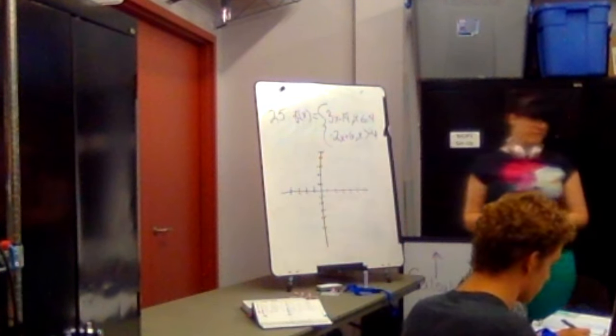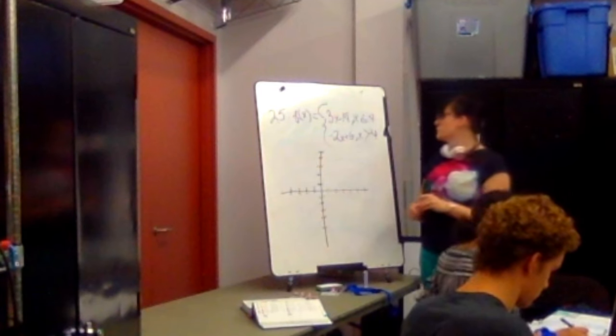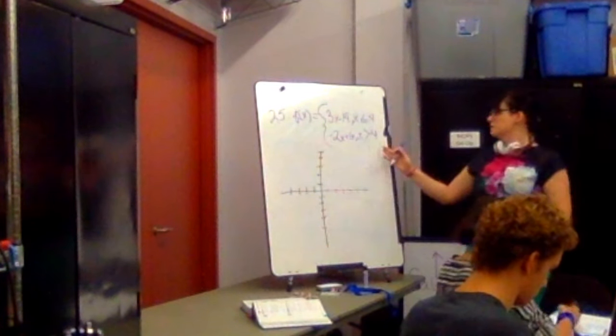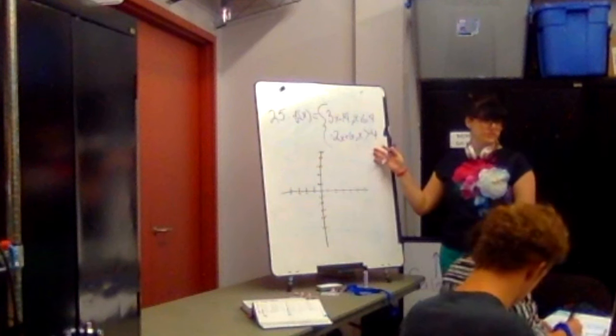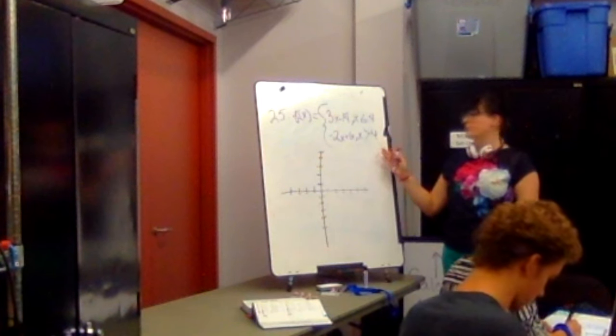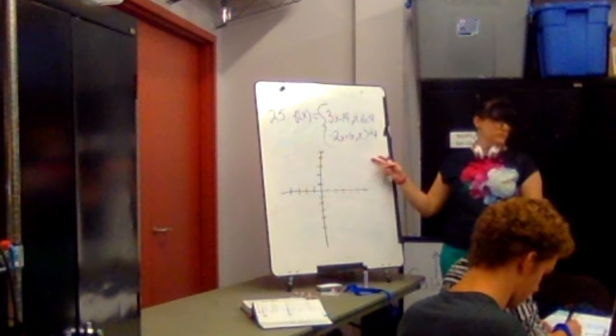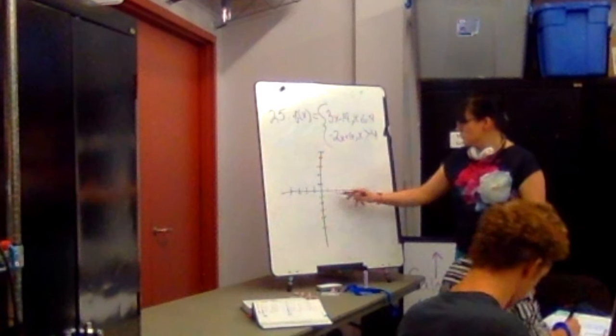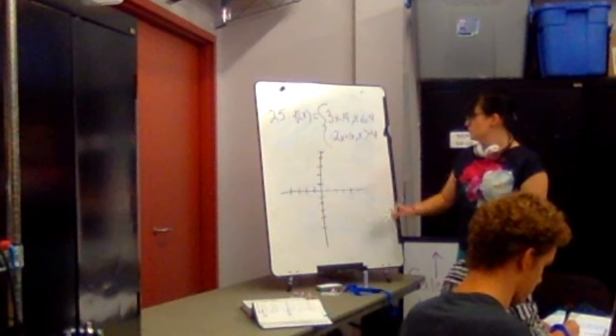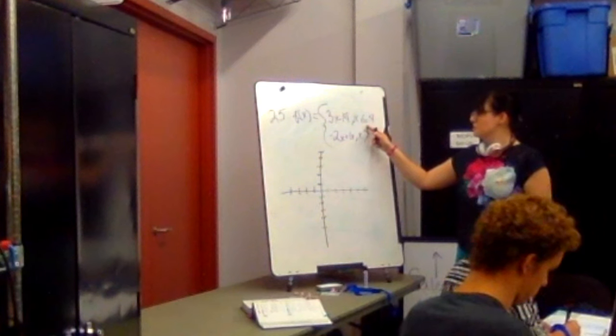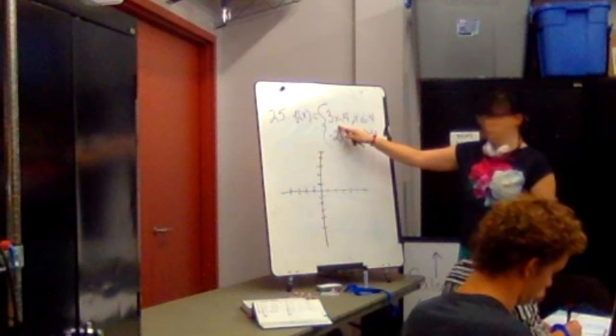So here we go with 25. All you need to do is graph the function. Looking here, our function changes. There's going to be a discontinuity at x equals 4. So where does x equal 4? 1, 2, 3, 4, right here. When x is less than or equal to 4, it's 3x minus 14.